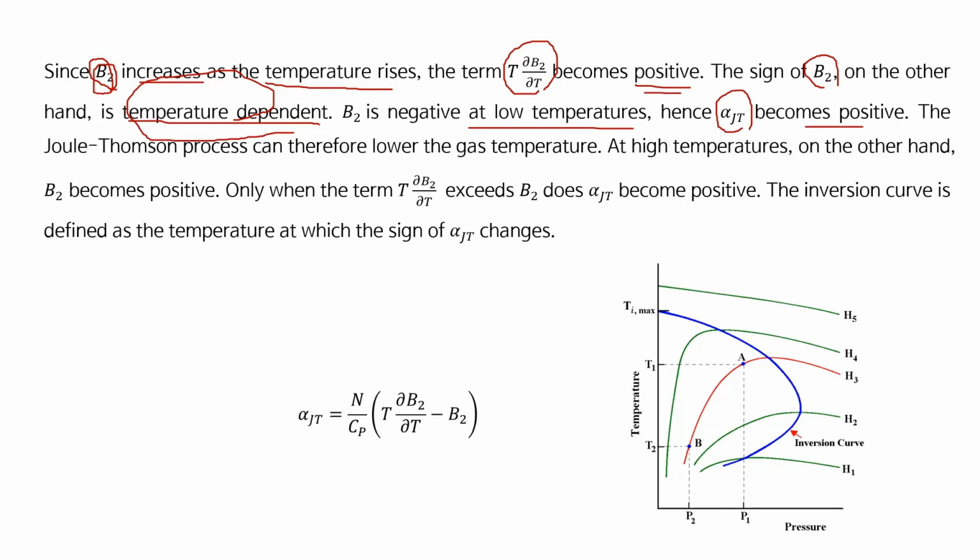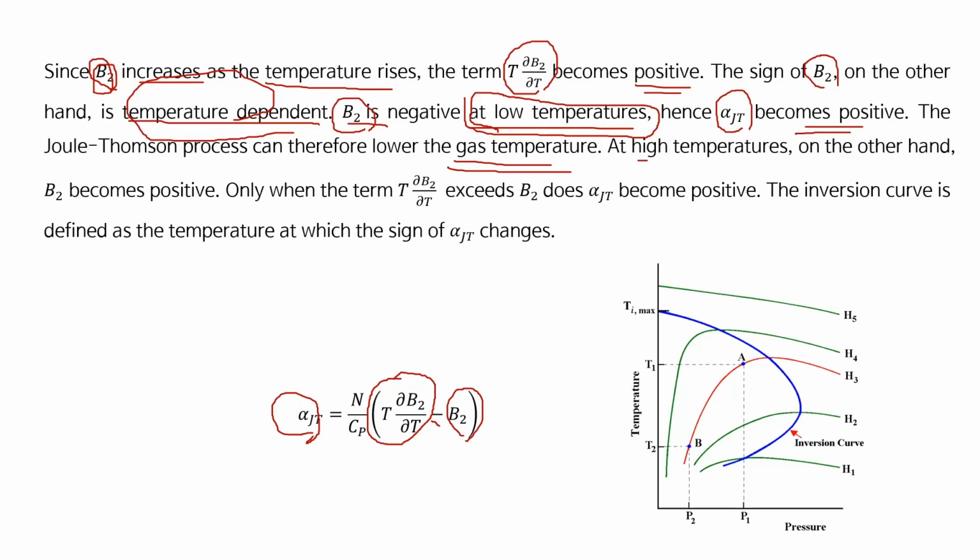So at low temperature, B2 was negative, right? So this term is positive. And at low temperature B2 is negative, so we have alpha JT positive. So the Joule-Thomson process can therefore lower the gas temperature.